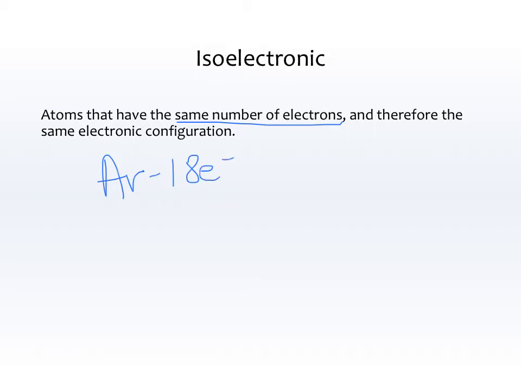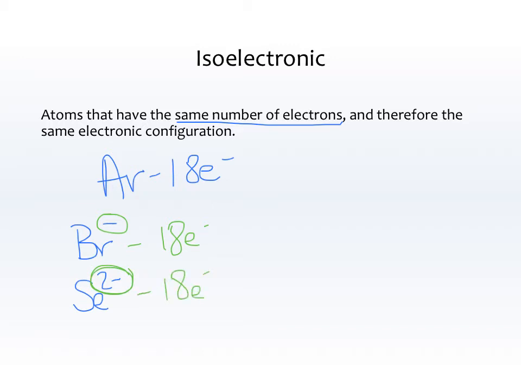An element that might be isoelectronic with argon is the bromide ion, Br minus, because bromine has 35 electrons, but when you get that negative charge, it's gaining 1, so that has 36 electrons. Something else that might be isoelectronic is selenium 2 minus. That's selenium that's gained 2 electrons, so that it has 18 electrons.